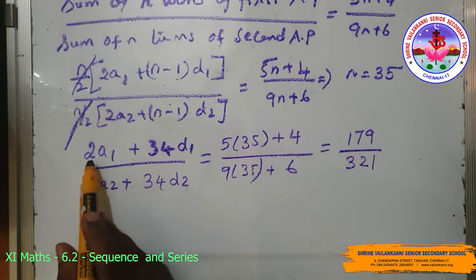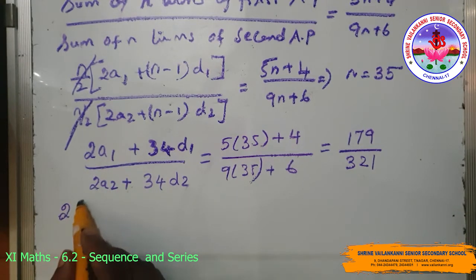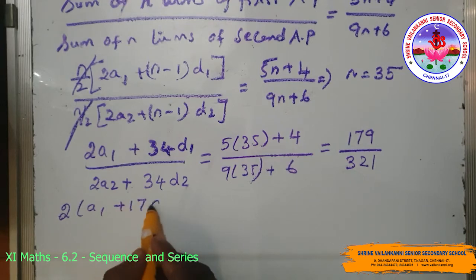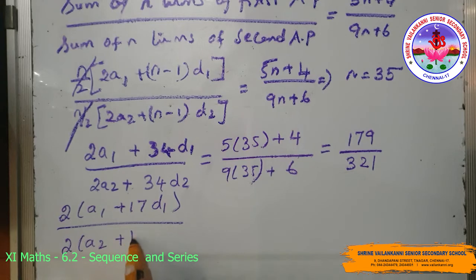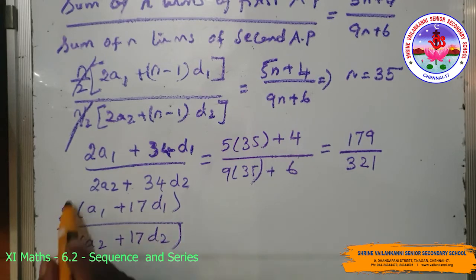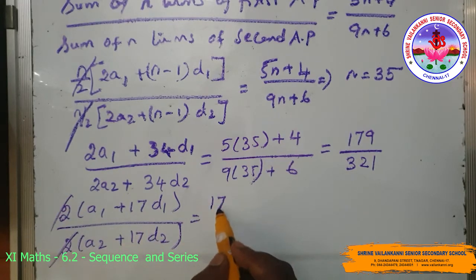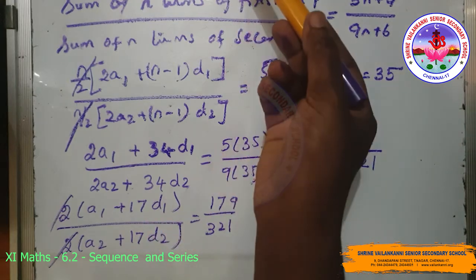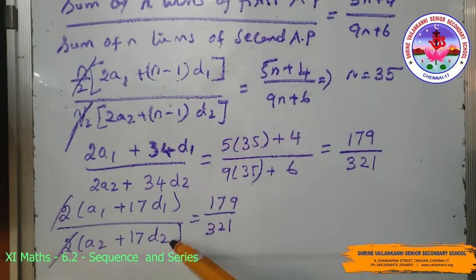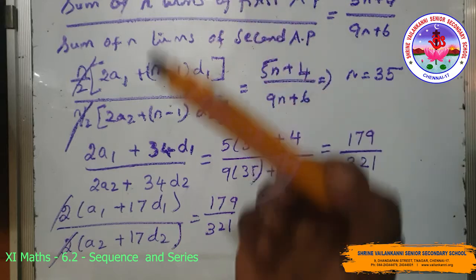Here taking 2 common, so 2 into a1 plus 17 d1 whole by 2 into a2 plus 17 d2, cancelling 2, which is equal to 179 by 321. So this is the 18th term of the first AP, and this one is the 18th term of the second AP.